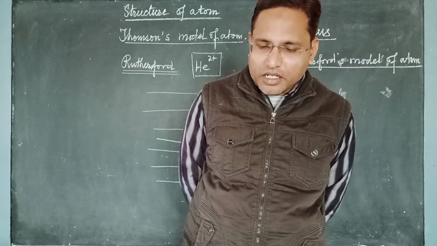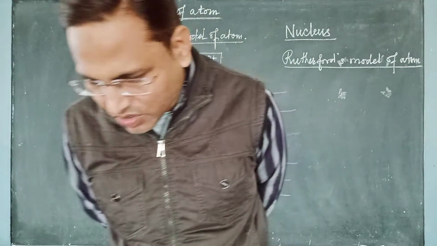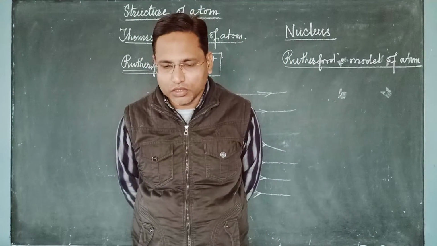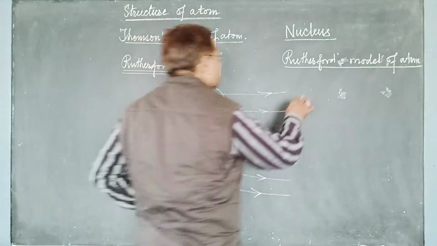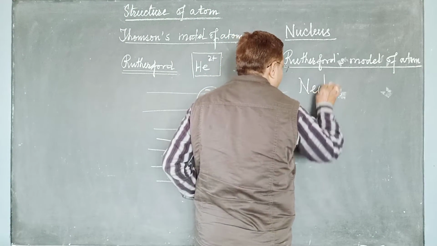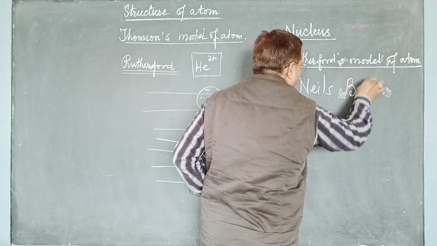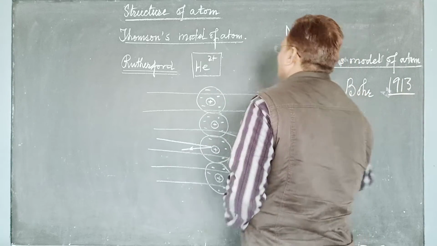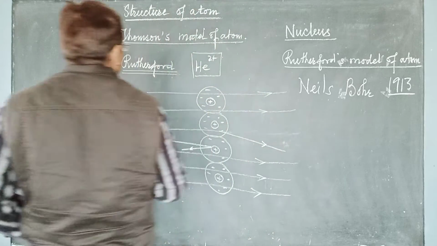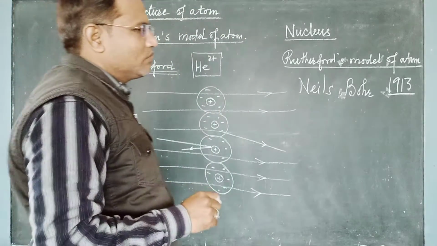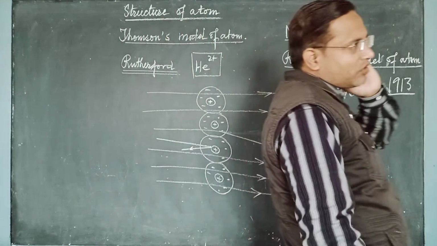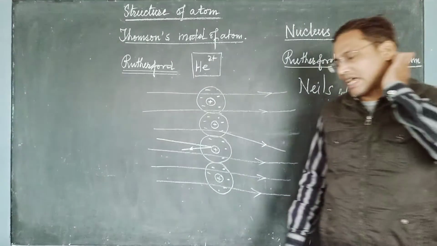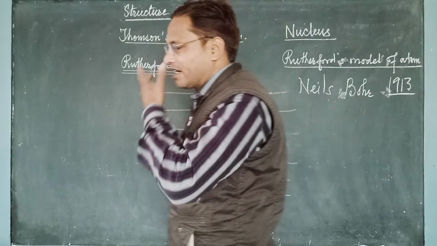Then it so happened that another scientist, Niels Bohr, came forward in 1913. Rutherford's model of an atom could not explain the stability of the atoms.